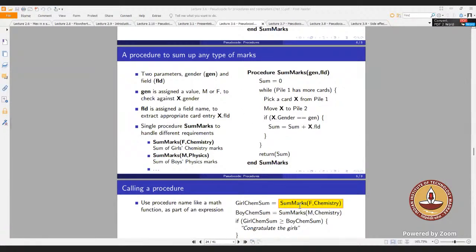So basically, when you say sum marks F chemistry, it will calculate for the female and for all the chemistry marks, and it will return the addition of that to this particular call. So automatically this sum will get stored in girl chem sum. Understood? Yes. So return is important because you're sending certain information to your procedure and you're getting certain information back from the procedure. So return is essentially that.